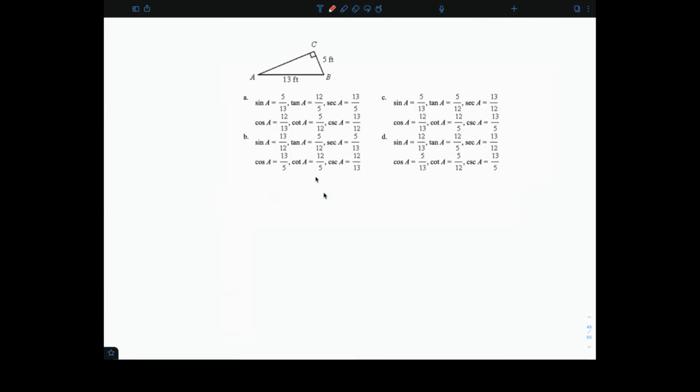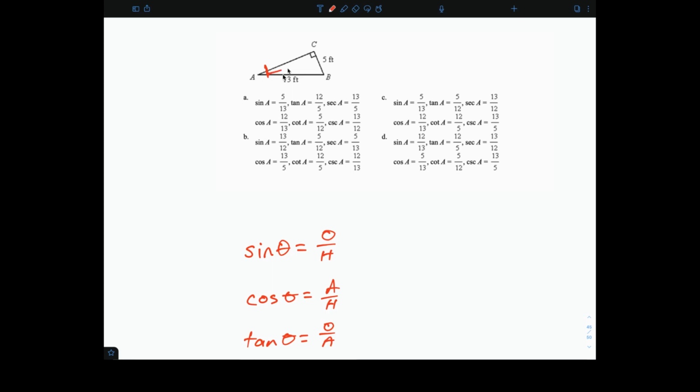All right, home stretch, guys. So this triangle is contorted, but we're looking for sine A. Remember, the only thing we talked about related to trig is SOHCAHTOA. And SOHCAHTOA is a fancy way of saying sine is opposite over hypotenuse, cosine is adjacent over hypotenuse, tangent is opposite over adjacent.